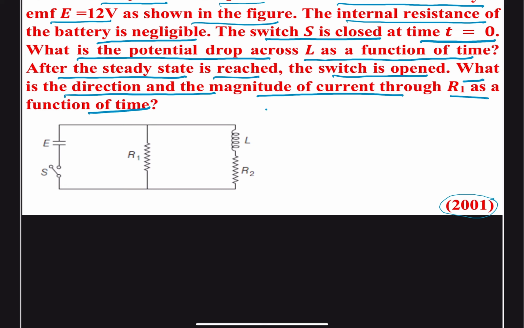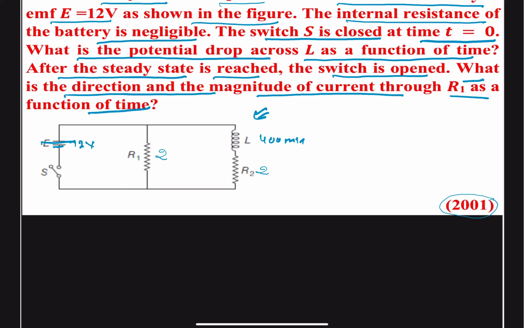So we are given this figure in which R1 is given as 2 ohm, R2 is also given as 2 ohm, the inductor is given as 400 millihenry, and we have an EMF of 12 volt and a switch S. This question is basically in two parts.